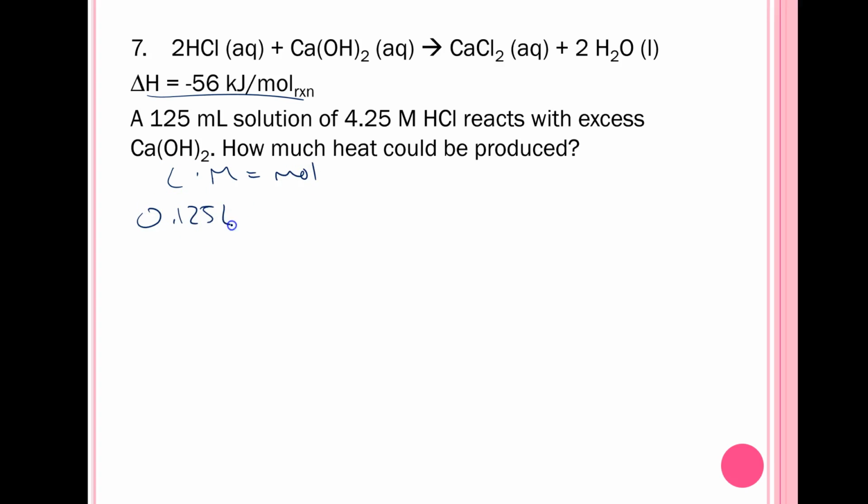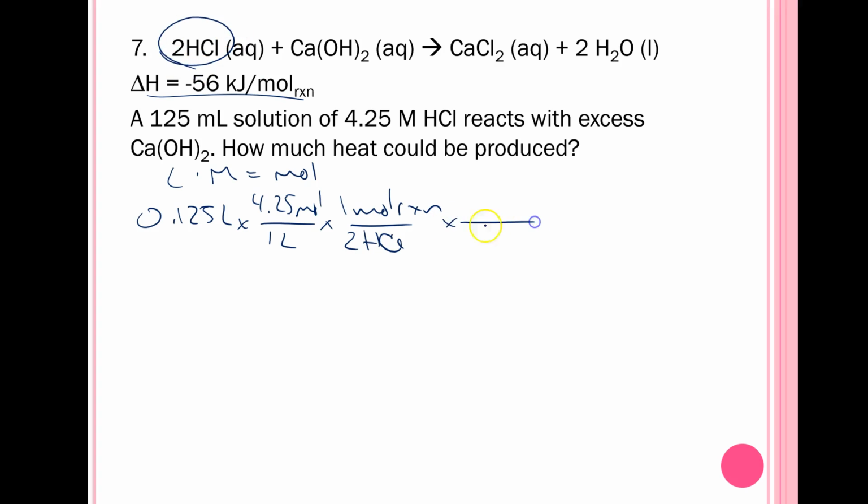So 0.125 liters. 1 liter is 4.25 moles. 2 HCl's give me 1 mole of reaction for my balanced equation. 1 mole of reaction is negative 56 kilojoules. And I got negative 30 kilojoules.